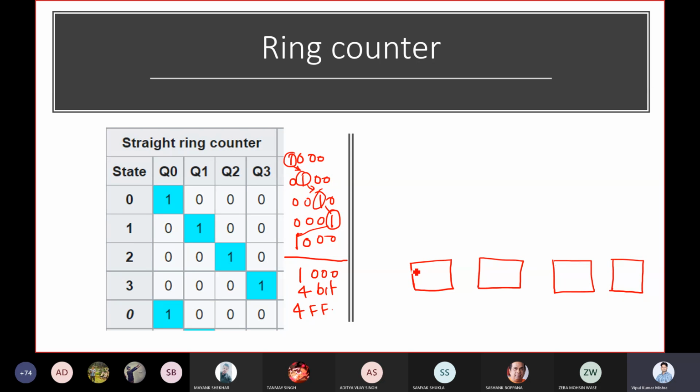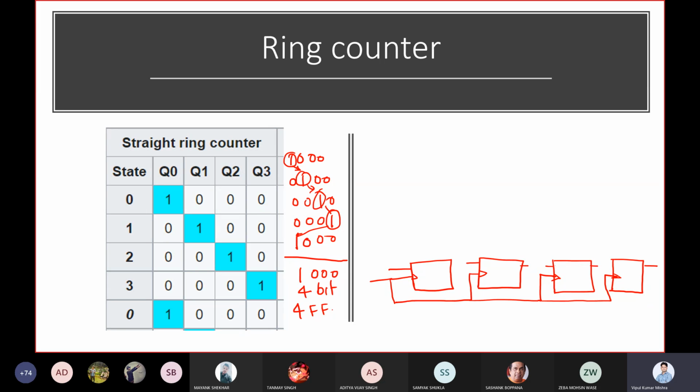We already know that every flip-flop, let's say it's positive edge triggered, I'm connecting with the same clock. All are connected with the same clock. This will also connect with the same clock, right? And here we have output, and here we have input.